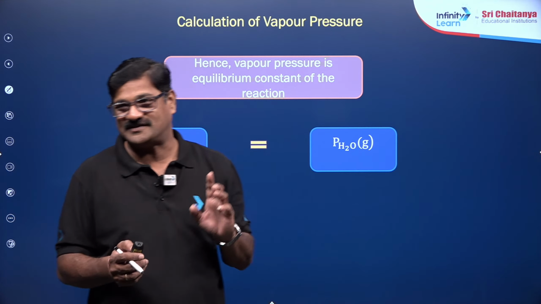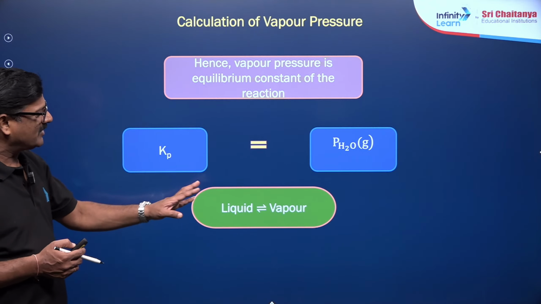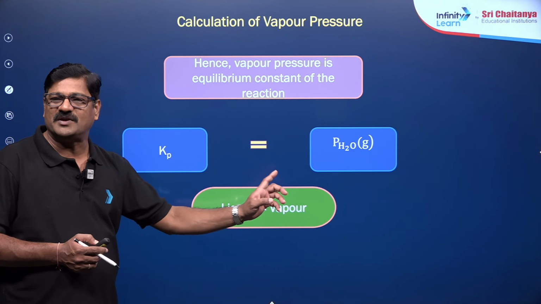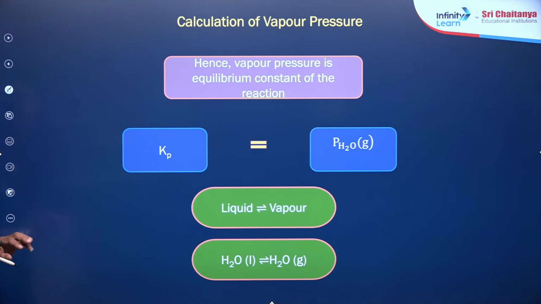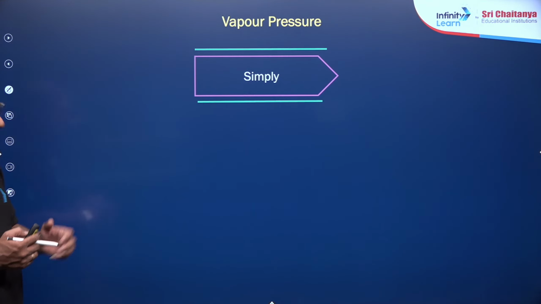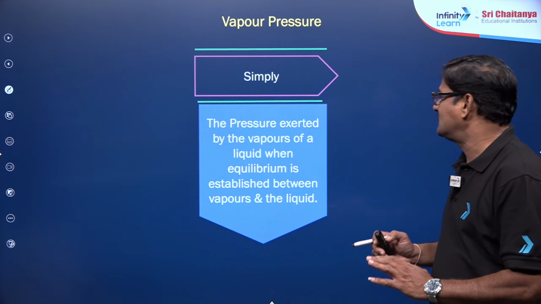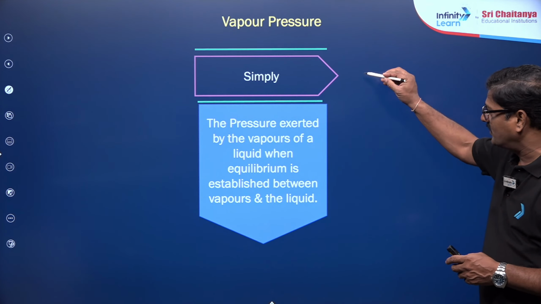Right now, we are on a 12th standard topic. So I just want to say liquid and vapor equilibrium: the vapor pressure of the liquid is Kp equal to the partial pressure of H2O, for H2O liquid and H2O gas. Vapor pressure is simply the pressure exerted by the vapors when equilibrium is established.